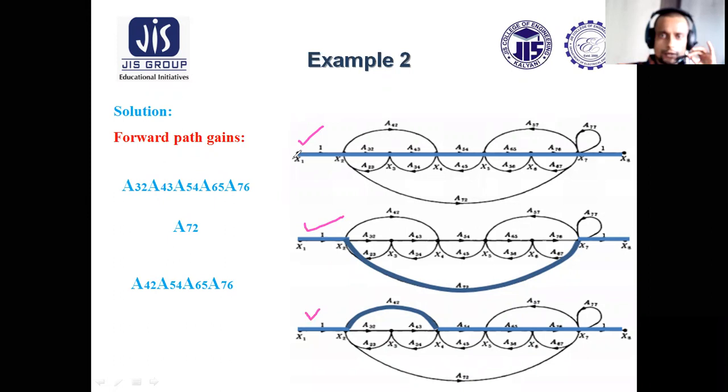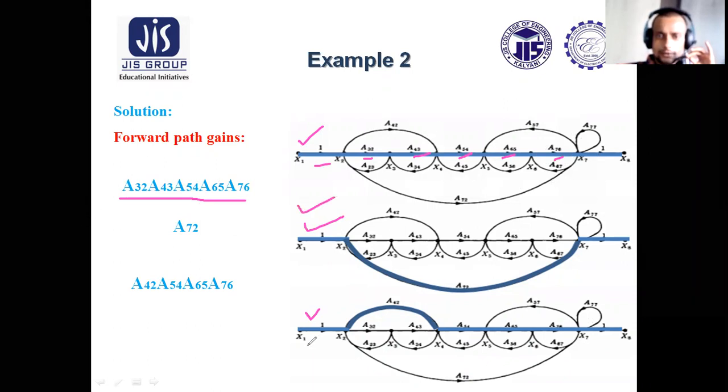So the first forward path has a gain of 1 into A32, A43, A54, A65, A76, and 1. Okay. So this is the forward path gain for the first forward path.